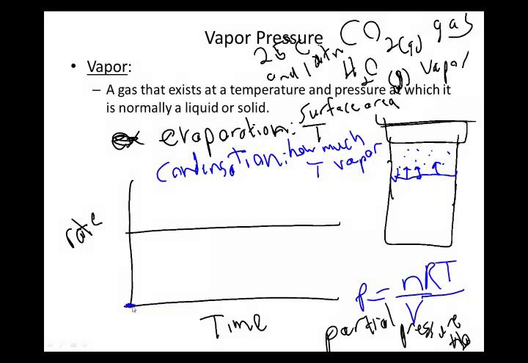As more vapor goes into the air, the partial pressure of the water goes up, meaning there are more moles in a given amount of space. So the rate of condensation is based on the partial pressure of the vapor.